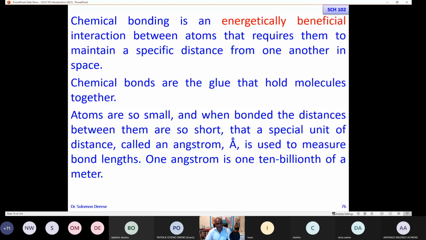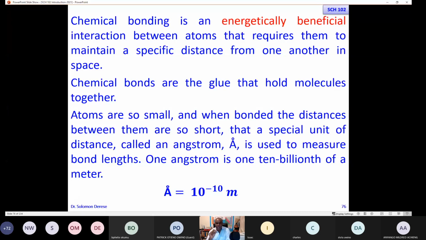You remember there are distances that are measured in centimeters, in millimeters, in micrometers. So the distance between two atoms is measured in terms of the angstrom unit. 1 angstrom unit is 10 to the power of minus 10 meters.